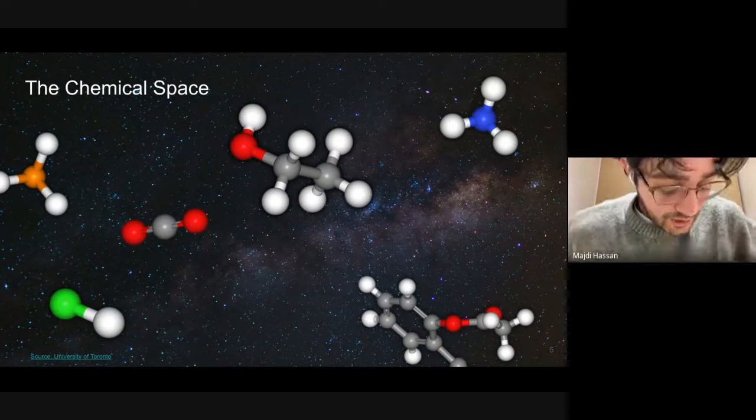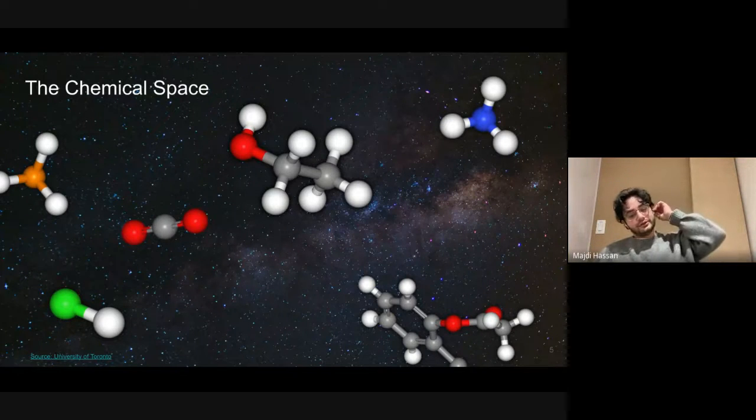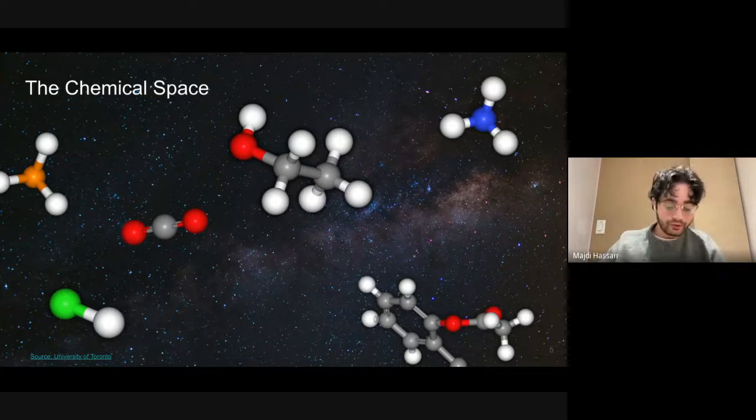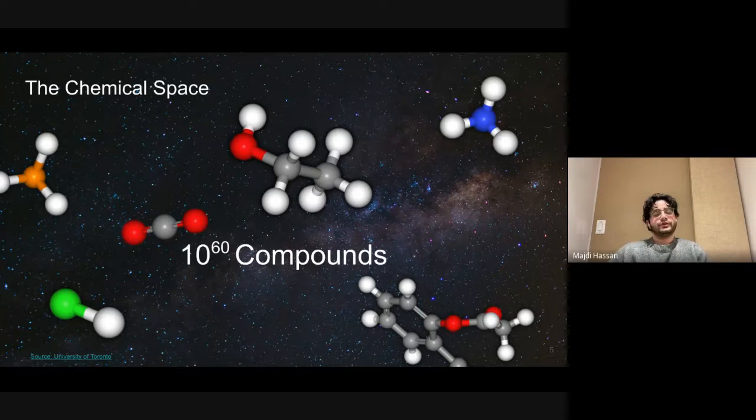All right, so the chemical space, it is massive, it is huge. The number of compounds that can be possibly created is, I believe, 10 to the 60 compounds.